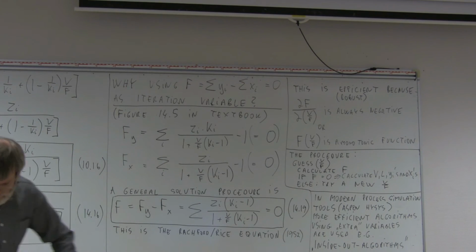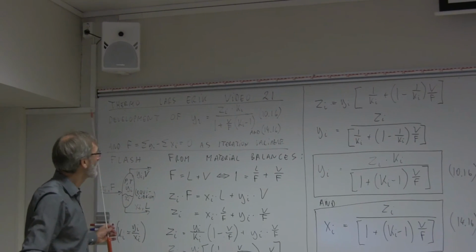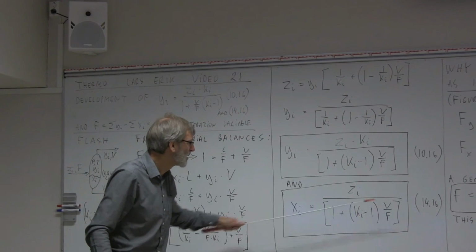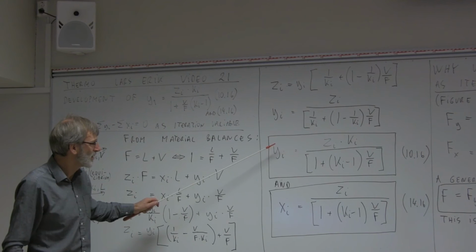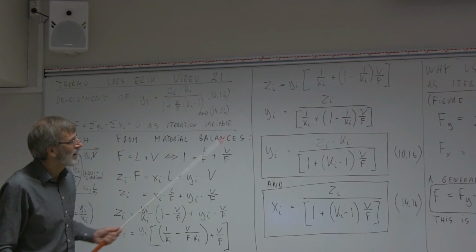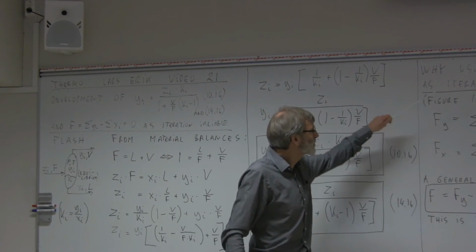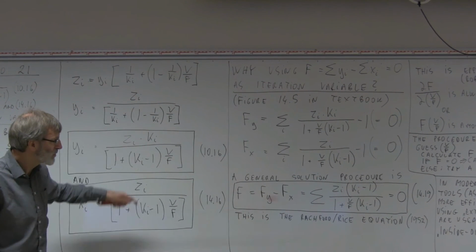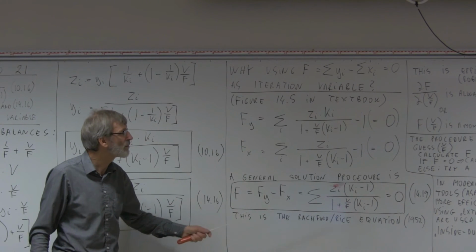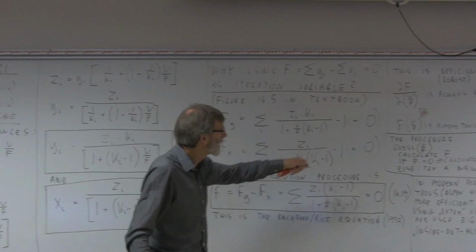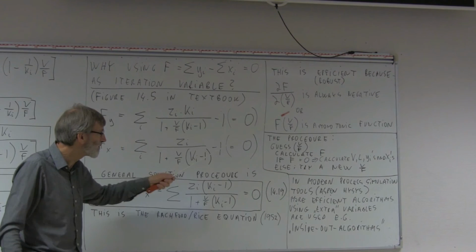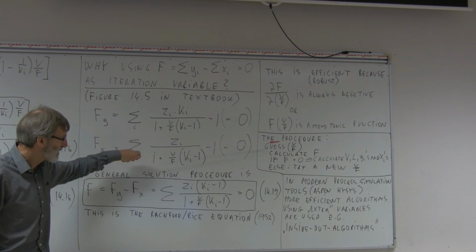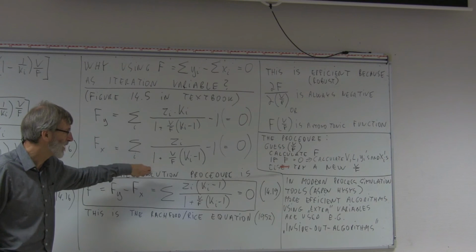So here first we have developed working equations for the liquid fractions and the vapor fractions, and then it is shown that these can be used in a method for calculating a function based on the vapor to feed ratio that is monotonic, that is, it is easy to solve, and then that is a reasonable basis for a procedure by guessing and iterating on the vapor to feed ratio.